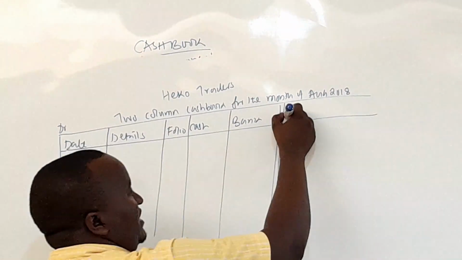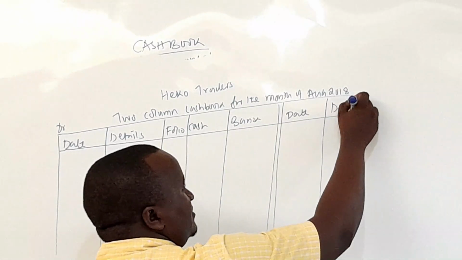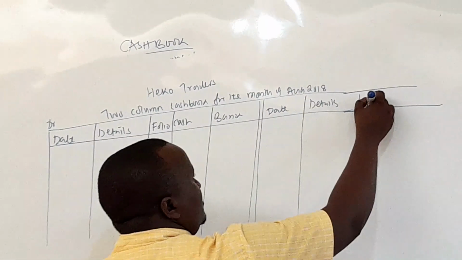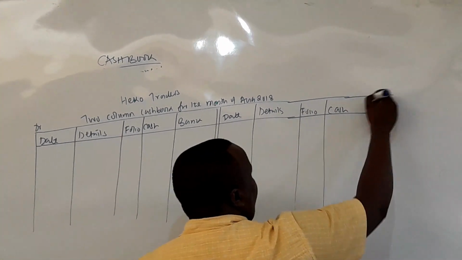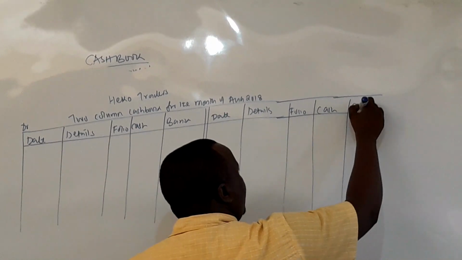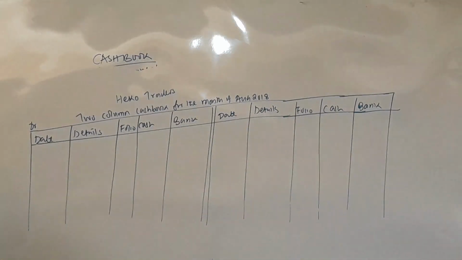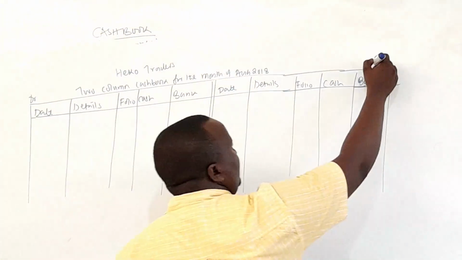Then we start again with the date, the details, then the folio, then the cash, and then the bank. That is the format of a 2-column cash book. So this side, on the right side, we call it the credit.